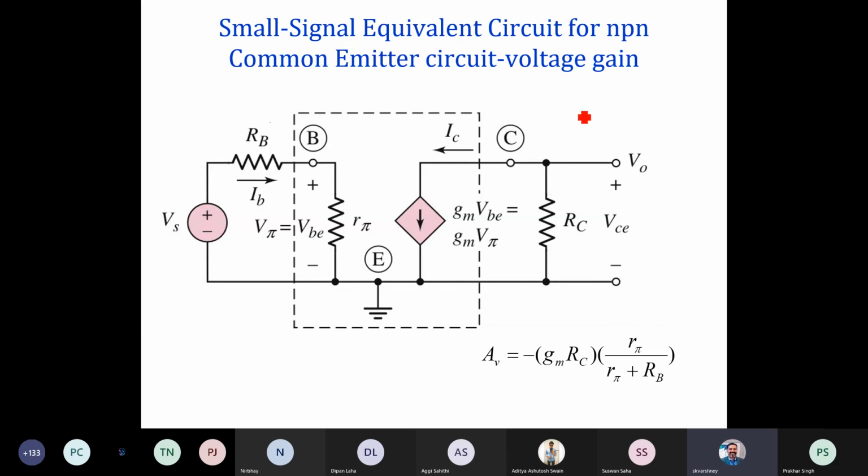I am talking about the circuit with VS, VBB, RB, VCC, RC, and that's all.